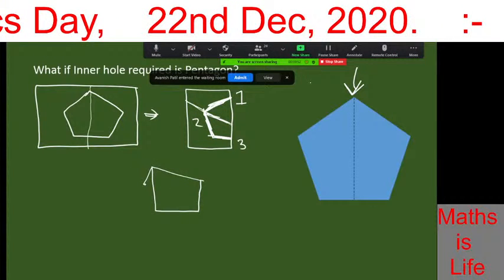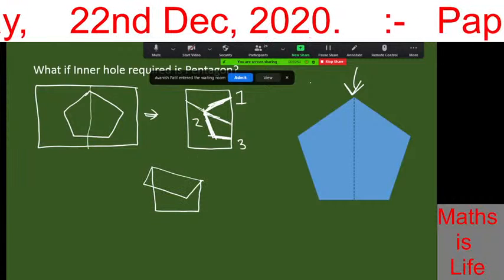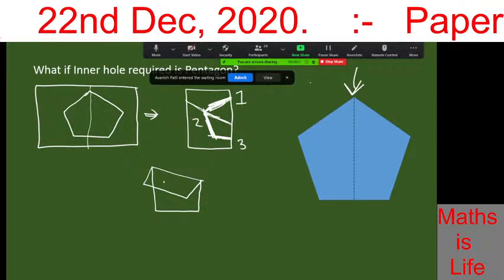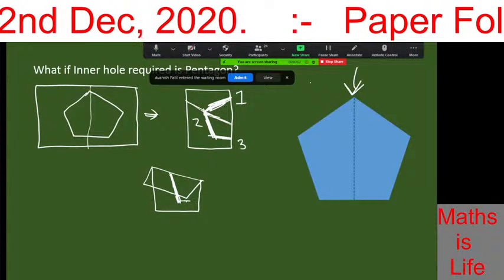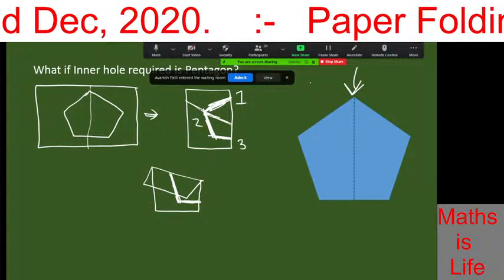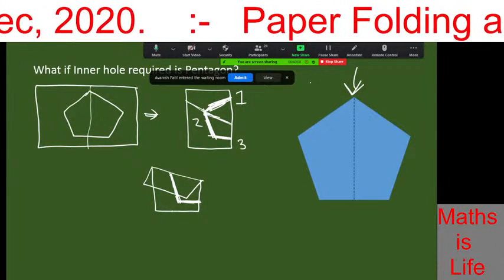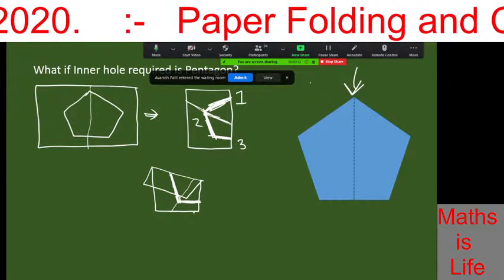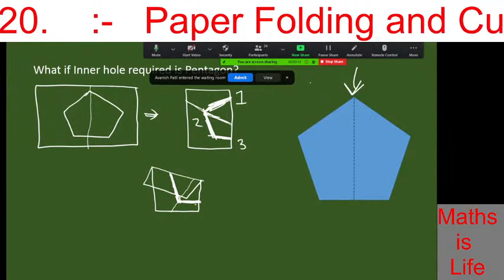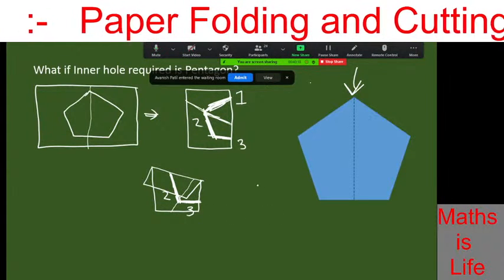The folded paper will be like this, and line 2 and line 1 will overlap, so it will be only one line, and for the line which is remaining in the bottom, we have to fold again. So again we will use the same property of the angle bisector and fold along that angle bisector. After folding, again line 2 and line 3 will overlap.